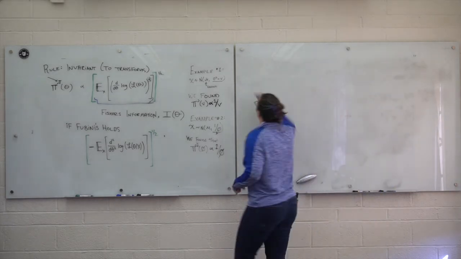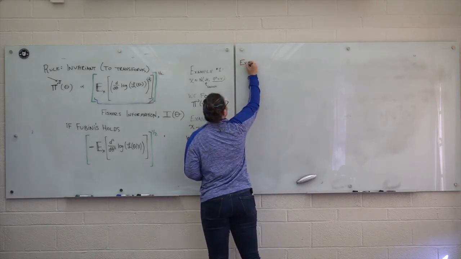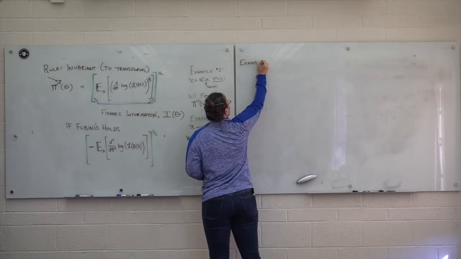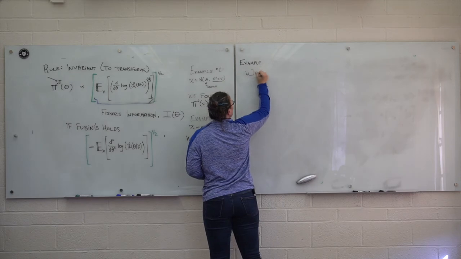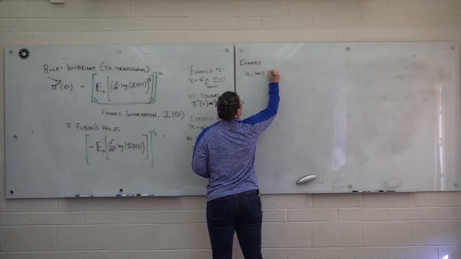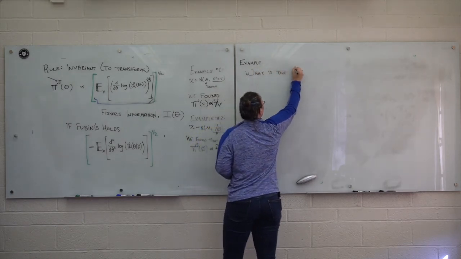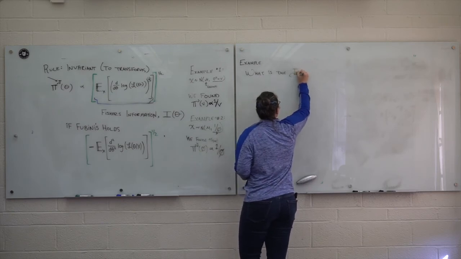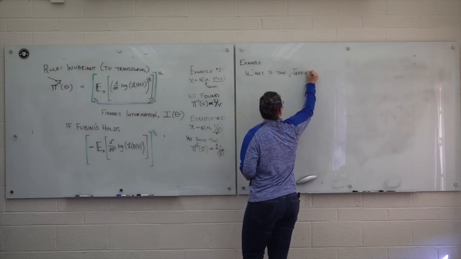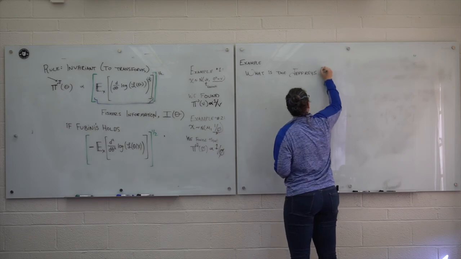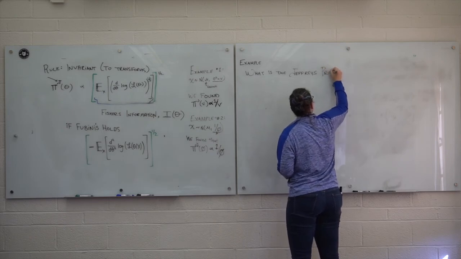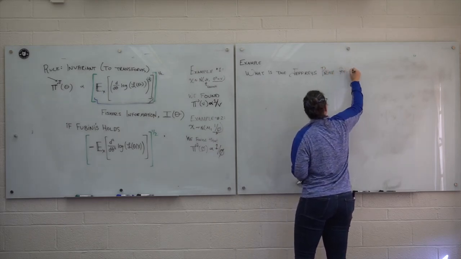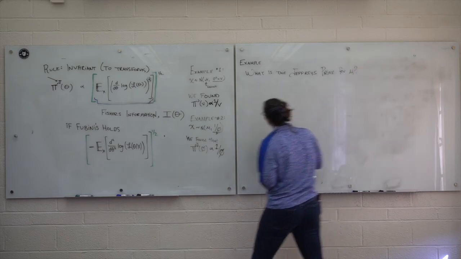Now, I want us to ask ourselves, what is the Jeffreys prior for mu?